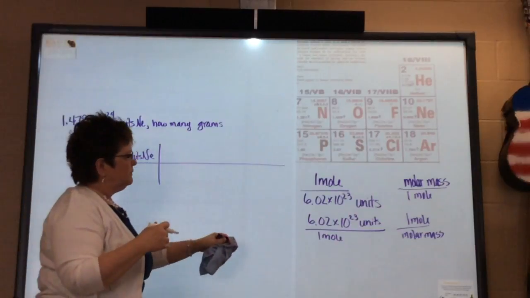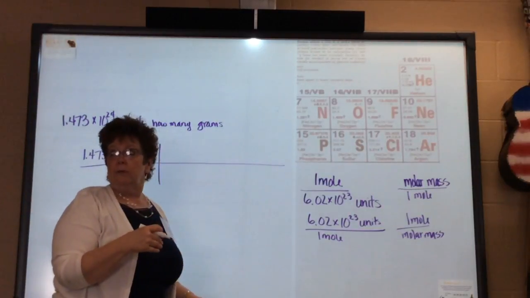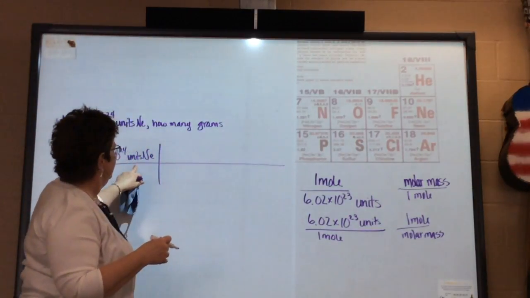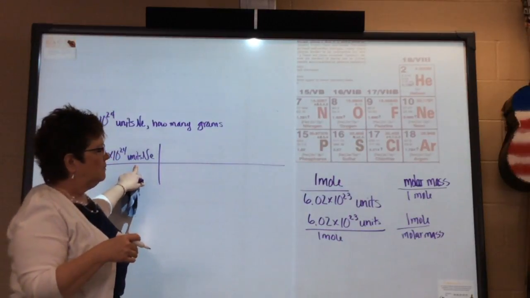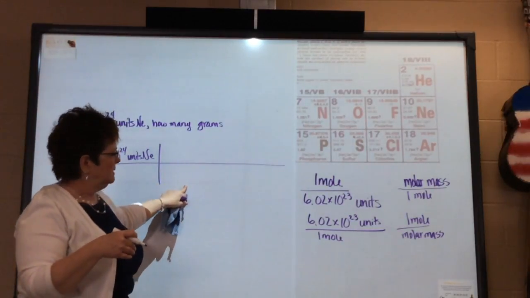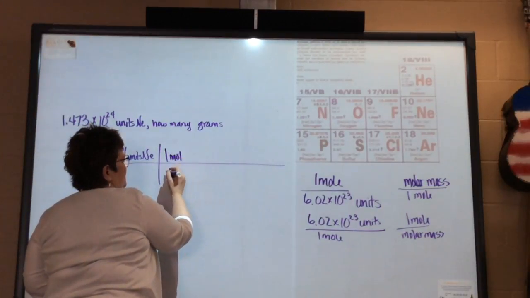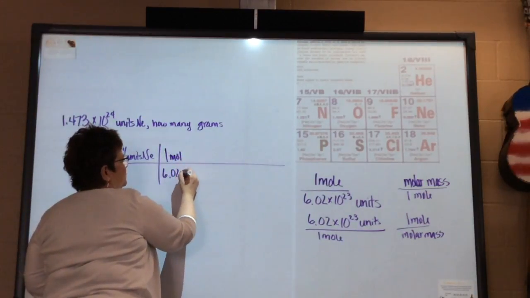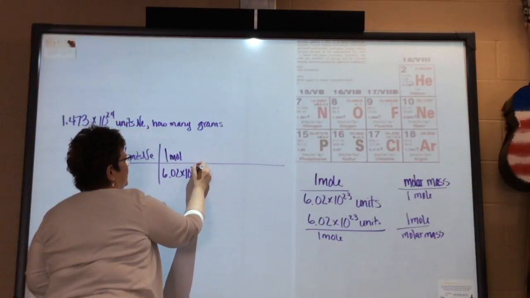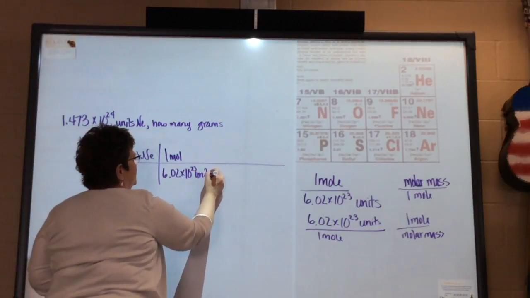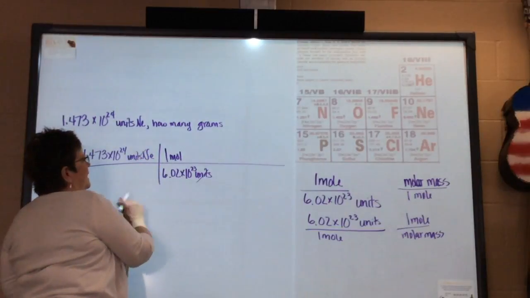I'm going to have to use this factor conversion first. So the first factor conversion I'm going to do, if I have units in the numerator, what must I have in the denominator? I must have units. So I'm going to say 1 mole is 6.02 times 10 to the 23rd units. As you can see, my labels cancel off, and I'm left with moles.